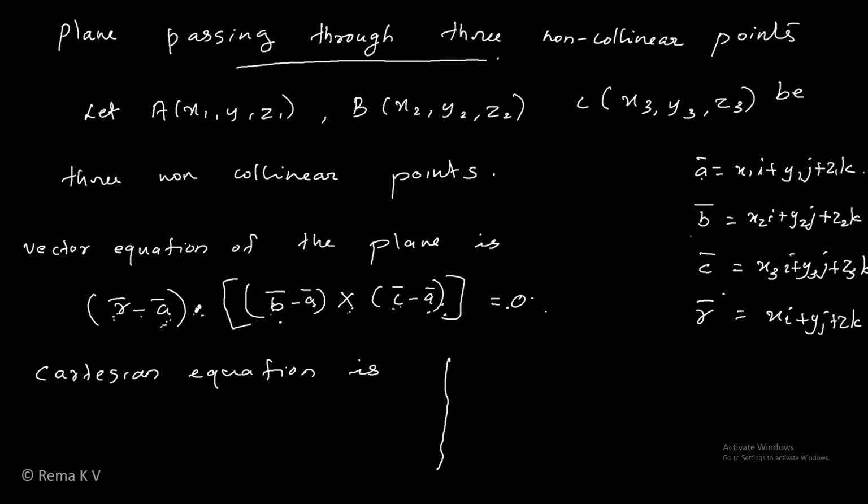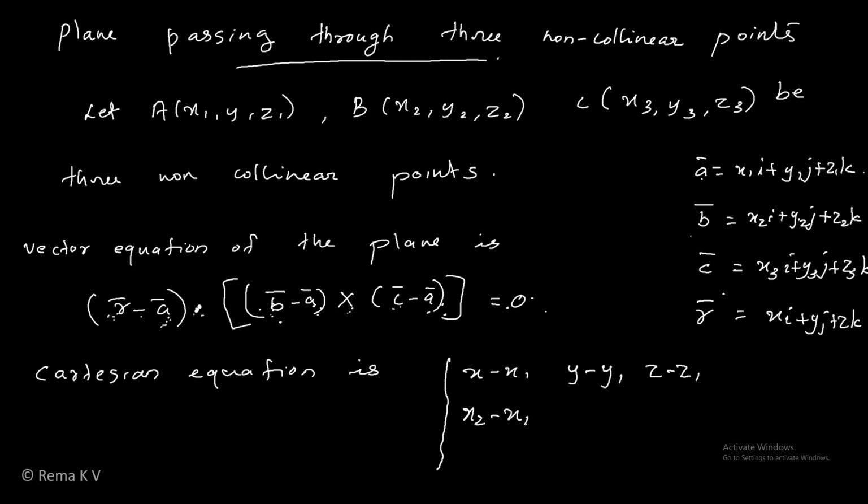See, the first row is R minus A, that means x minus x1, y minus y1, z minus z1. The first row is the scalar component of the vector R minus A. Then the second row of this determinant is B minus A, that means x2 minus x1, y2 minus y1, z2 minus z1.